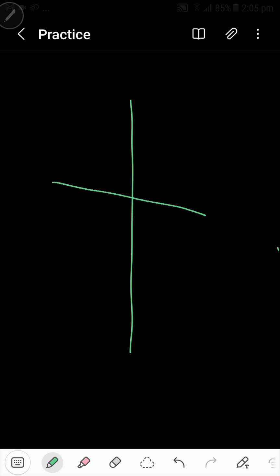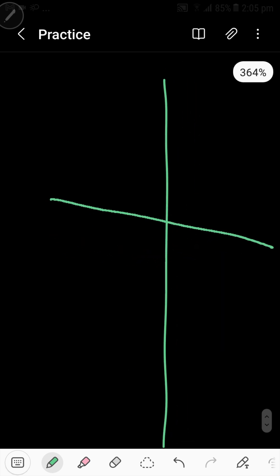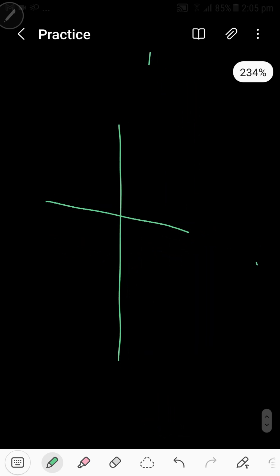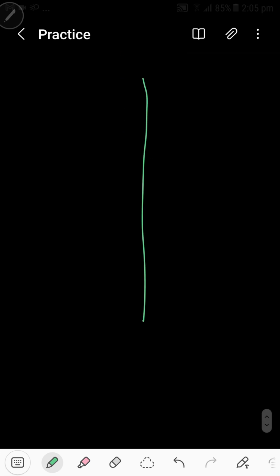This is where numbers sit along. You can ignore these two lines and just focus on this straight line, as the others can be ignored for today's lesson. This is where positive and negative numbers sit along.